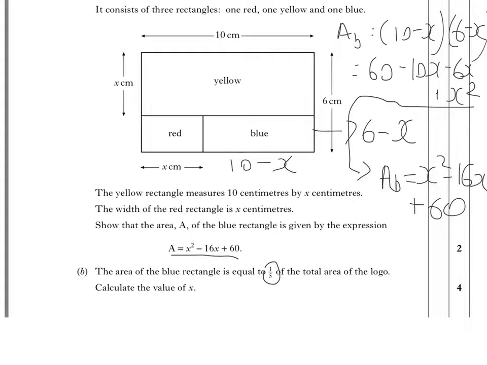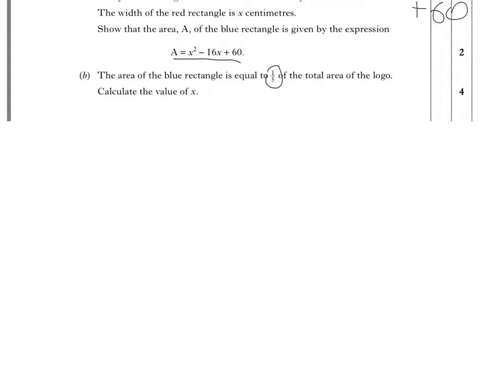Now if we go back down, the logo is the full shape. The length of the logo is 10, the breadth is 6, so for the area of the logo, length times breadth, 10 times 6, that's 60 square centimetres.